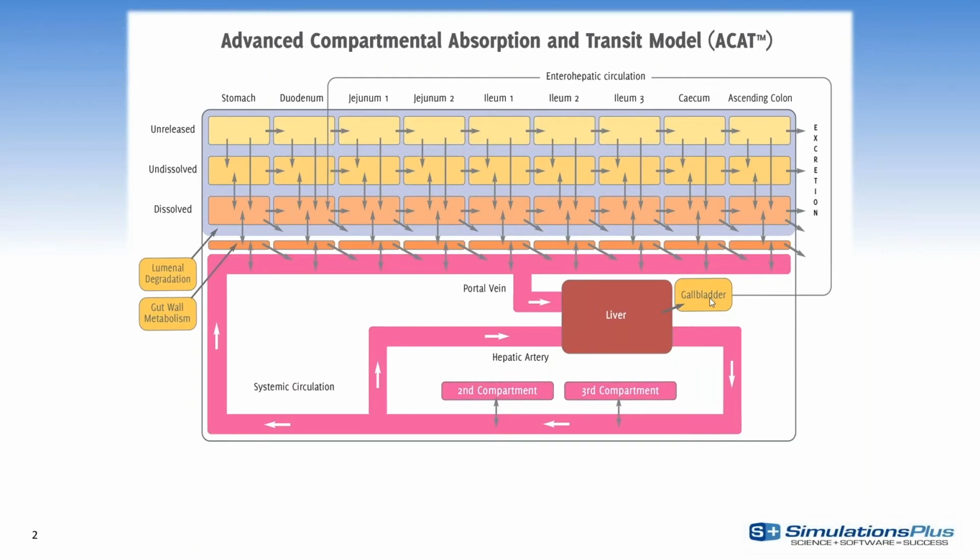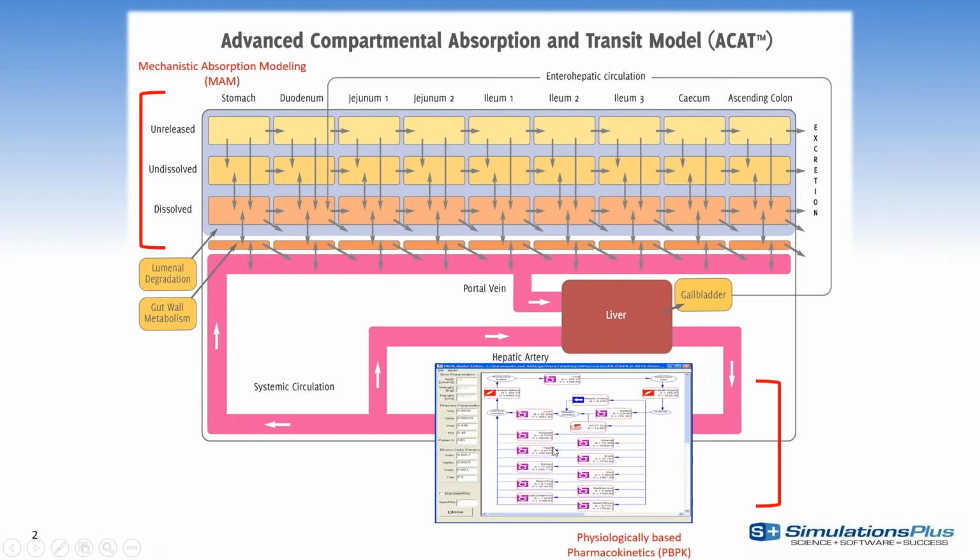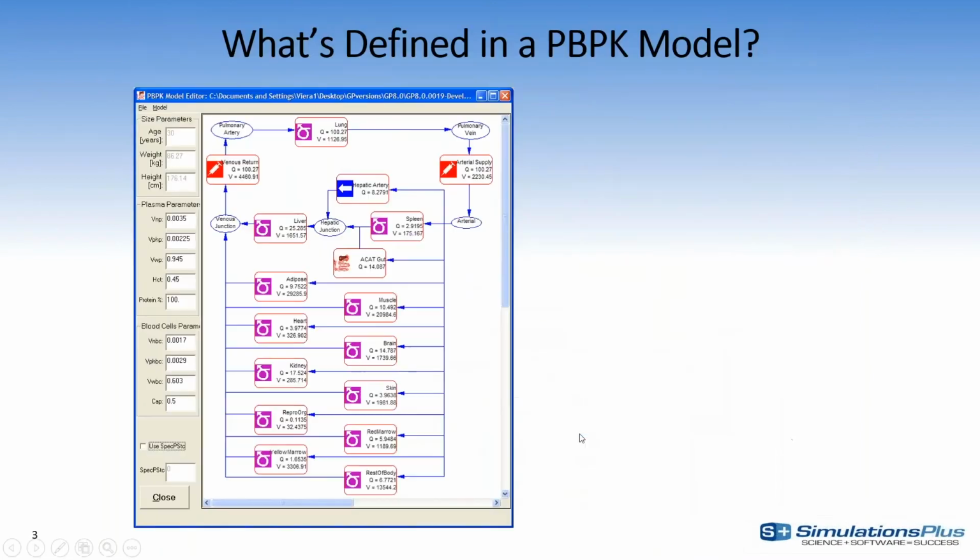After the drug enters systemic circulation, you do have a choice of connecting it to either a compartmental model or a PBPK model. In the PBPK model, on your left is the schematic view of our model in GastroPlus.